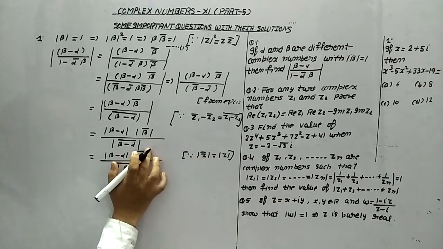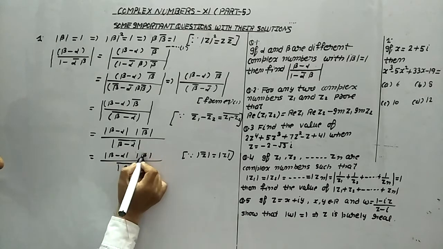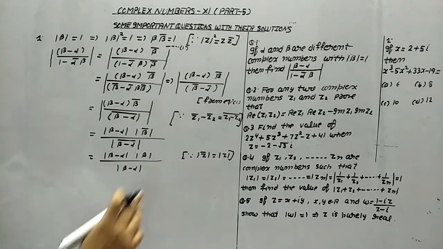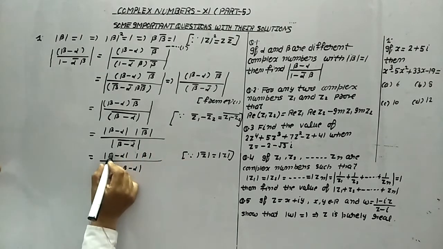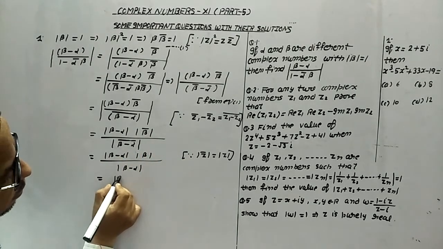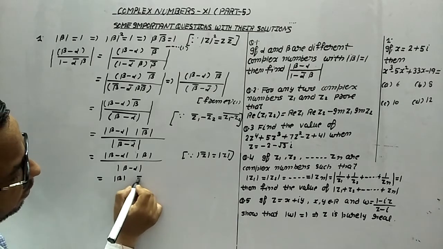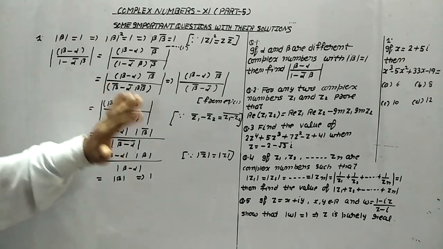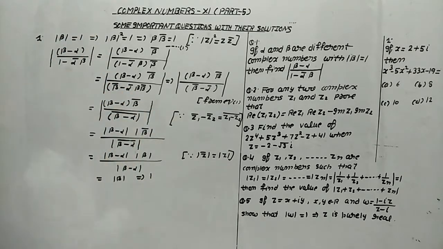Because of this property, you can write this is modulus of beta and this is modulus of beta minus alpha. So this is the way to expand the property. Now this cancels out. It means this is modulus of beta, and what is modulus of beta? 1. And this is the answer. So whenever you are doing the question, you have to explain each and every property.